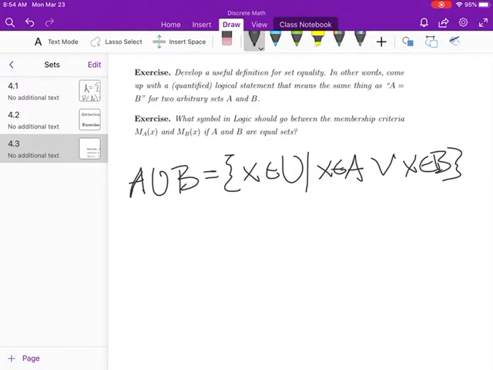But maybe what we want is something a little bit broader than that.